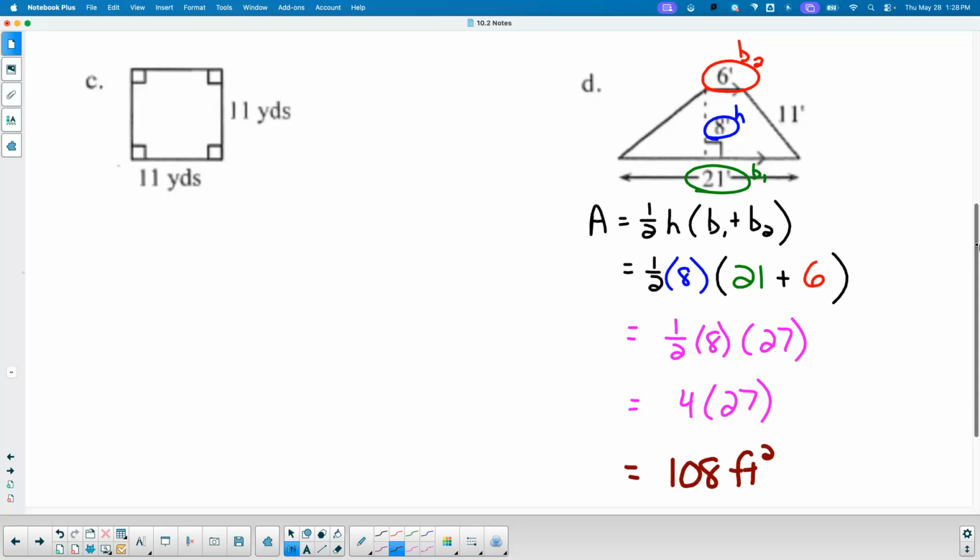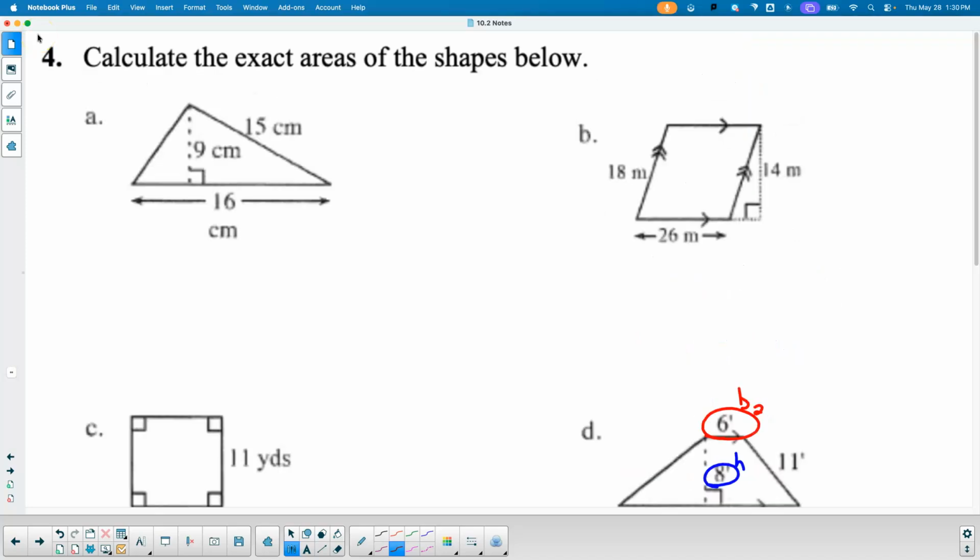Okay. You find me the other 3 areas. Go. What shape is in figure A? Triangle. Formula for the area of a triangle: 1/2 times base times height. What's my base? 16.